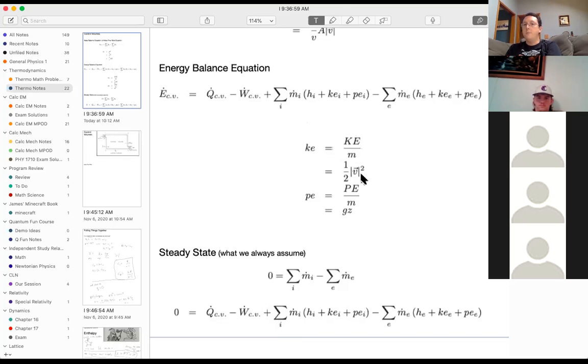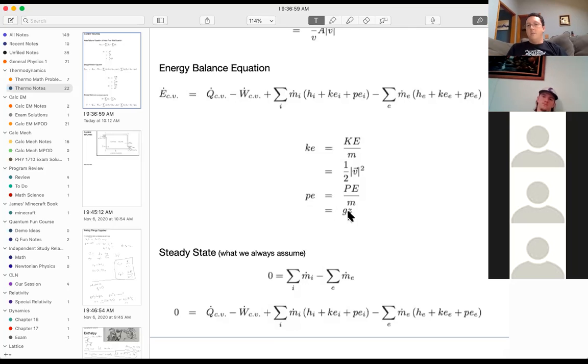If you think about the formula for kinetic energy, you lose the mass, so it's just 1/2 velocity squared. Similarly, for potential energy, it'd be the extensive potential energy divided by the mass. If we're talking about gravity, it would be g times the height, gz. Z is the height of the pipe or something like that.